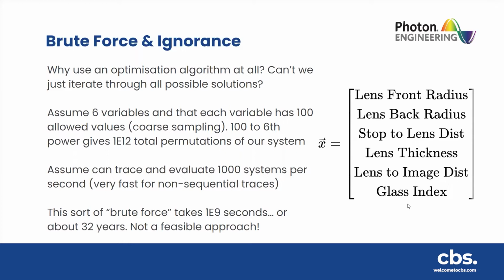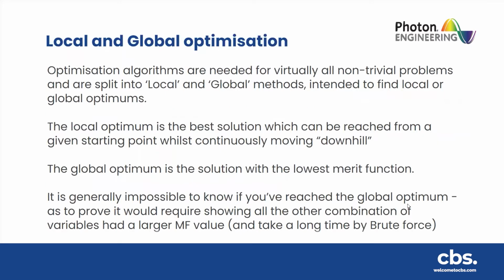Even if you assume that you can trace and measure 1,000 systems per second, which in a non-sequential trace with lots of rays bouncing around is pretty fast, that sort of brute force approach would take 10 to the 9, so 1 billion seconds, or around 32 years. And clearly that's not a feasible way of doing things. So instead, we use optimization methods, and they're needed for virtually all non-trivial problems.